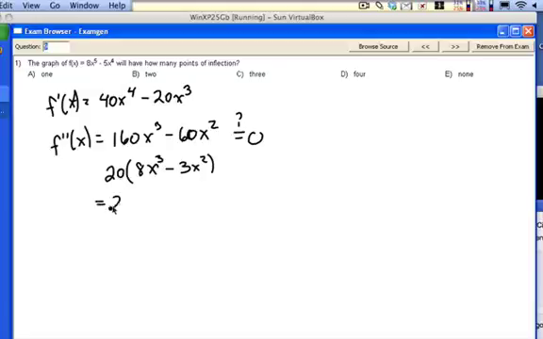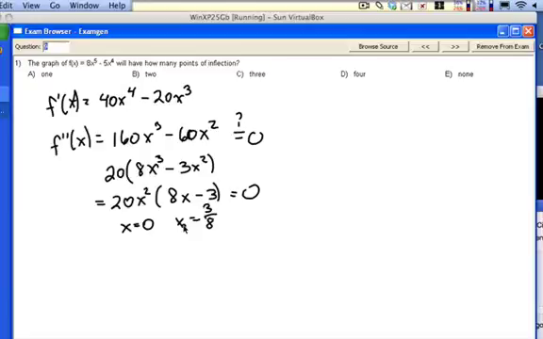And let's take an x squared out too. 20x squared times 8x minus 3 equals 0. So it looks like we have zeros here when x equals 0 or x equals 3/8.